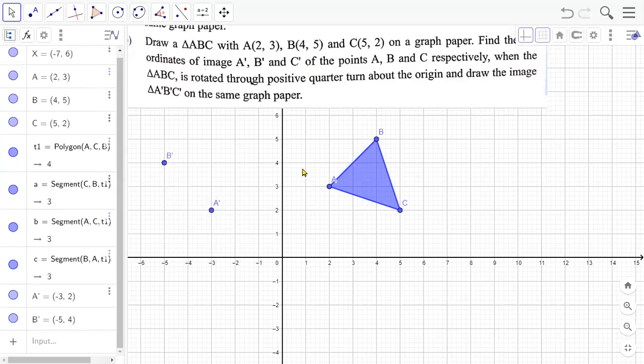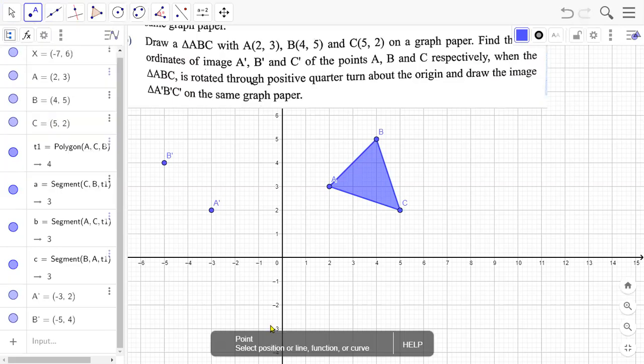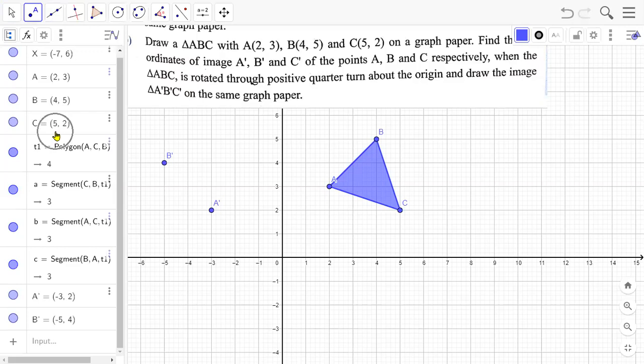Okay, and let's do the final one, the C dash. What will be the coordinate of C dash? This question goes to Natasha. Natasha, what will be the coordinate of C dash? (-2, 5).